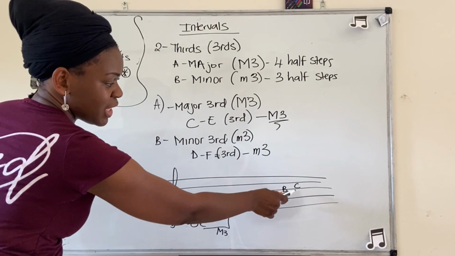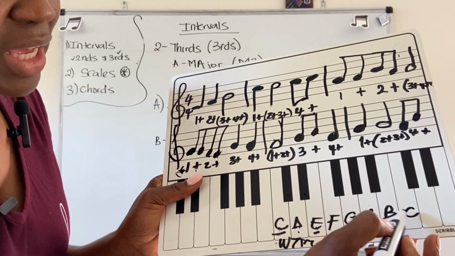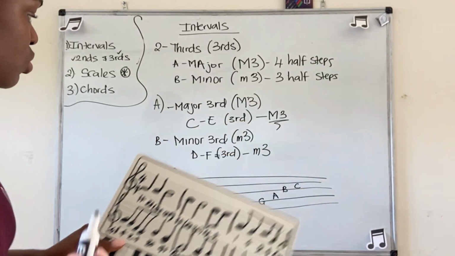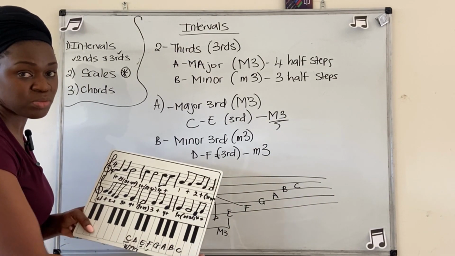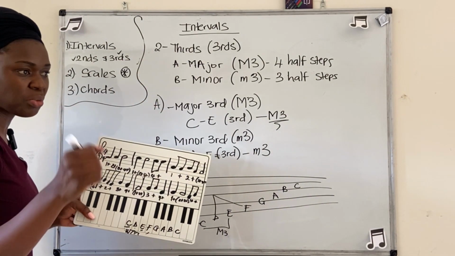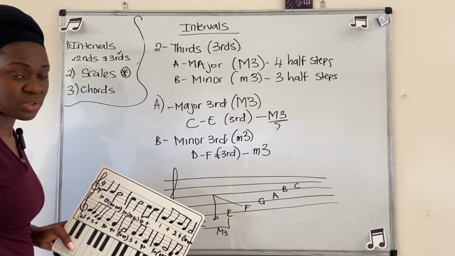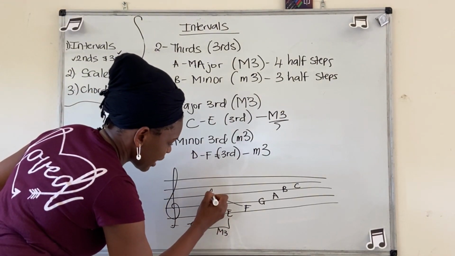Every time I see B and C, I know it's a half step. So in my head, I'll be calculating. But from the beginning, it's always good to have your piano. I used to draw my piano, and I still do it sometimes. And I try to have those half steps counted well so that I don't make mistakes. So here is going to be a minor third.